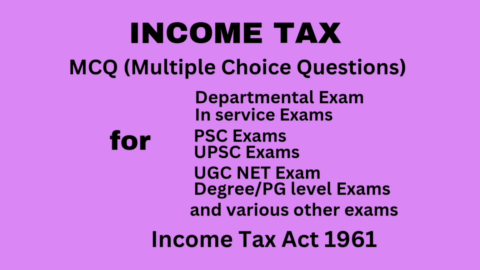Dearness allowance, which forms part of pay, rupees 5,000 per month. Compute his taxable voluntary retirement compensation, assuming that he does not claim any relief under section 89. Answer 2 lakh.